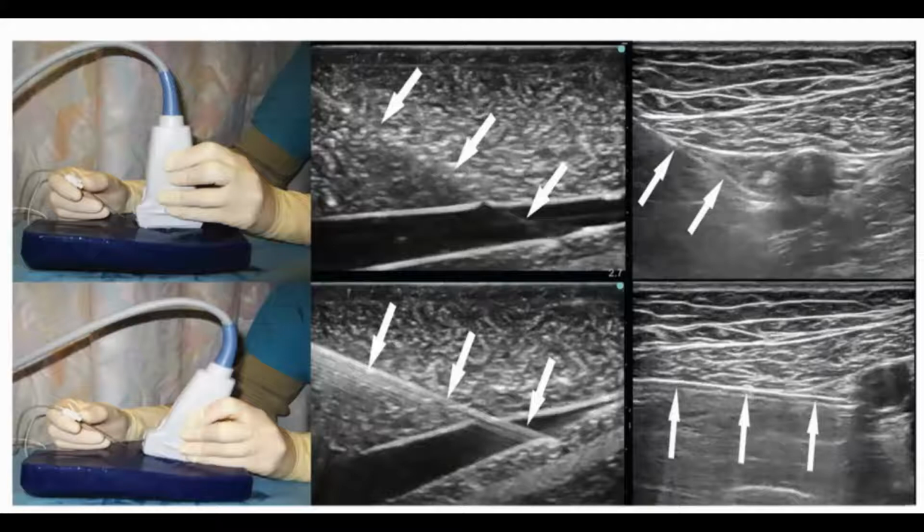What it causes is that it increases the angle between the ultrasound beam and the shaft of the needle. When this angle increases, it makes the needle better visible. So this is the last maneuver which we can try to get better needle visibility in case of an in-plane technique.